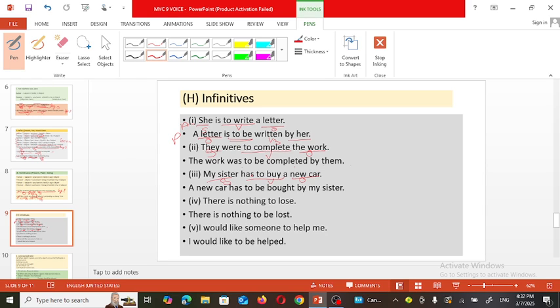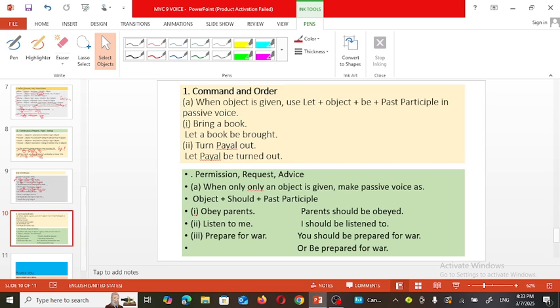The given sentence is in the present perfect. So a new car has to be bought by my sister. Object, then verb, and then subject. A new car has to be bought by my sister. There is nothing to lose. There is nothing to be lost. I would like someone to help me. I would like to be helped by someone.